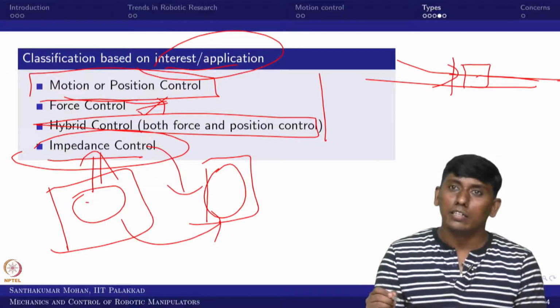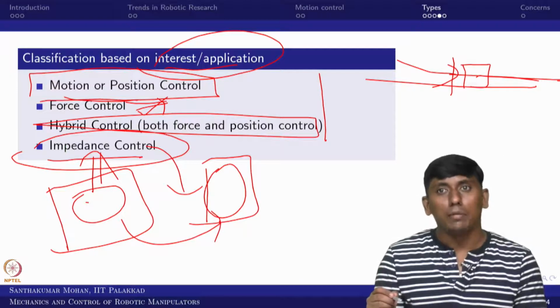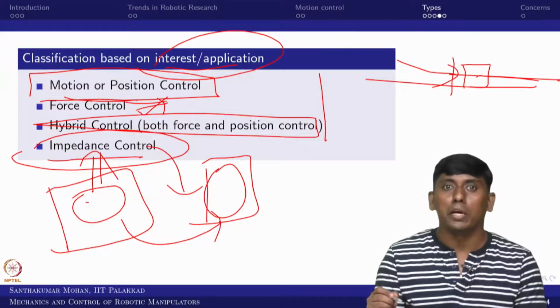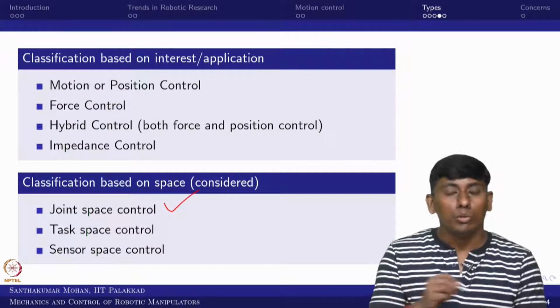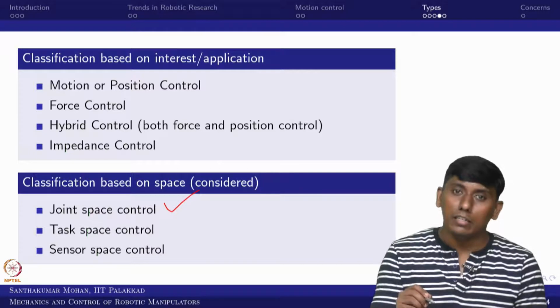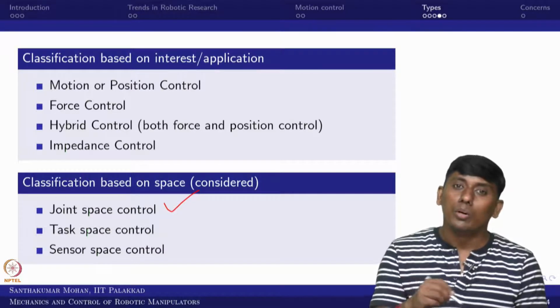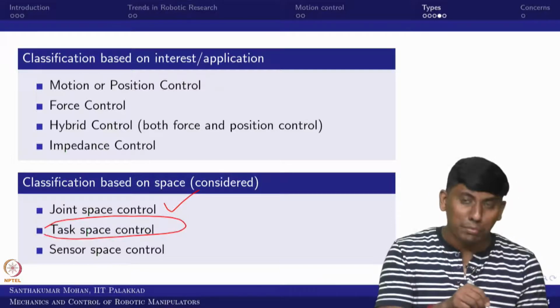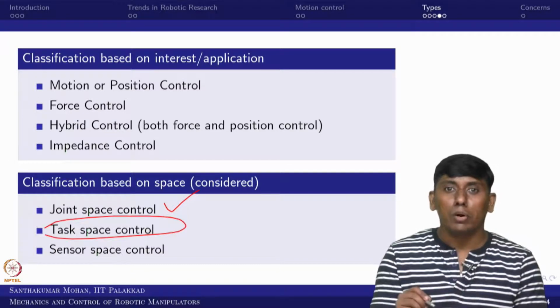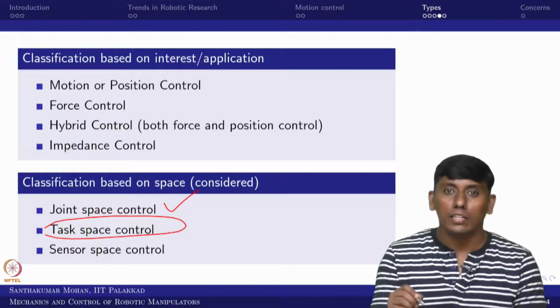Further, the control can be classified based on the space which we are using. Either it can be a joint space, where you are doing the entire control activity in joint space, or you are trying to control the end effector space, which means task space control. Some modern controllers come in a sensory task space.